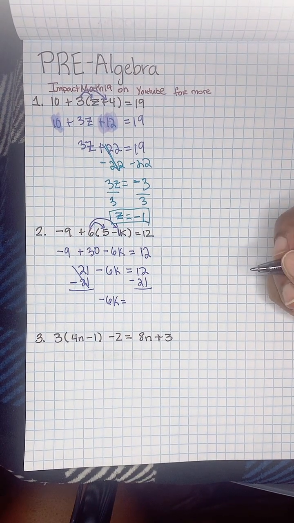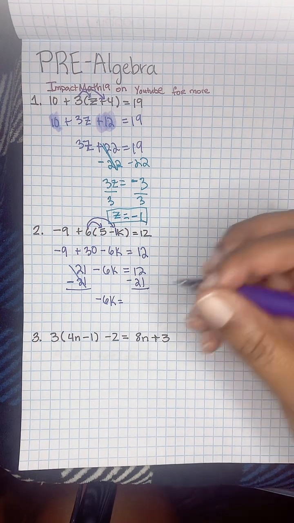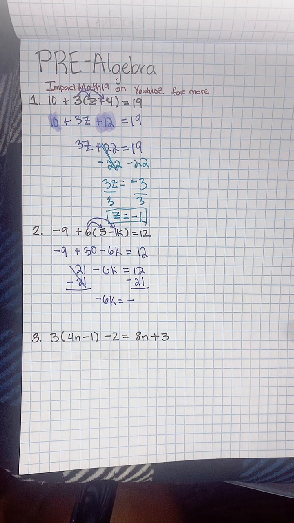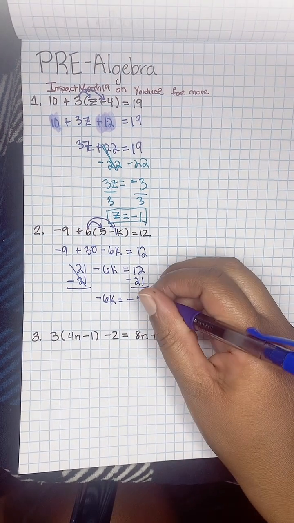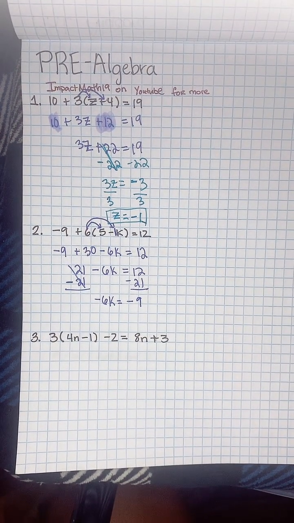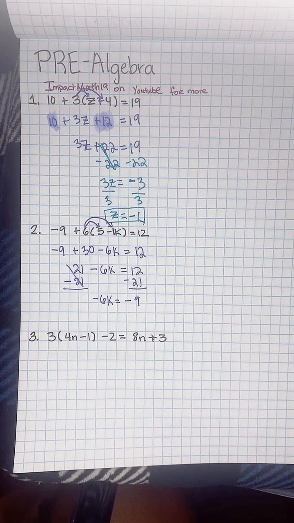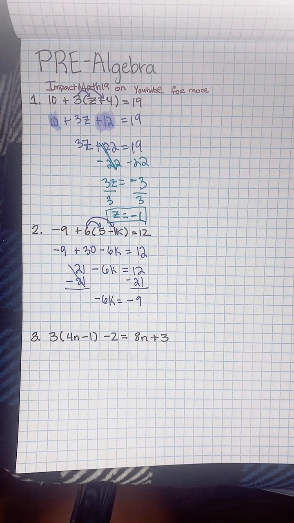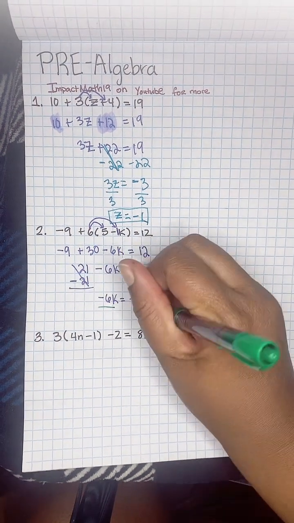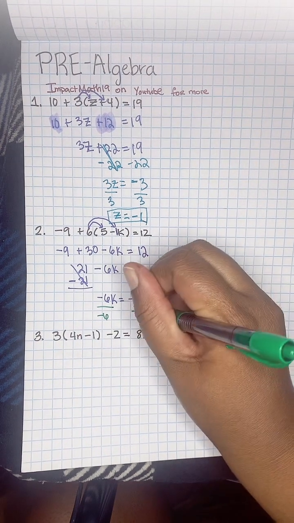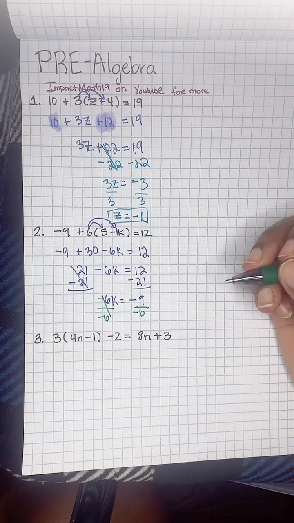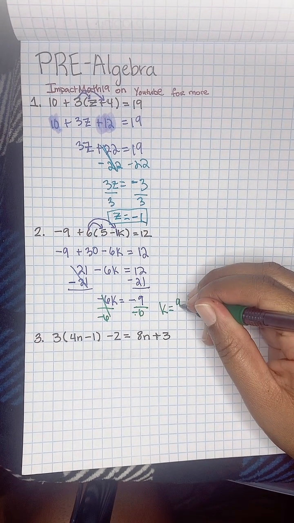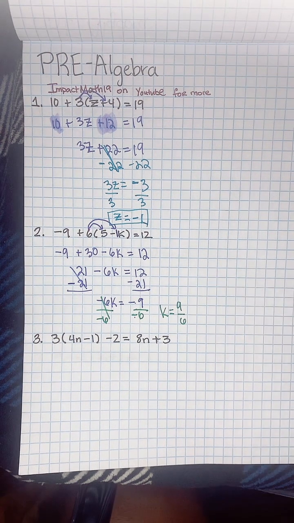So 12 minus 21 is negative 9. Yep, negative 9. And then we're going to divide by negative 6. A negative divided by a negative is always a positive. So we end up with 9 over 6, but this can be reduced.